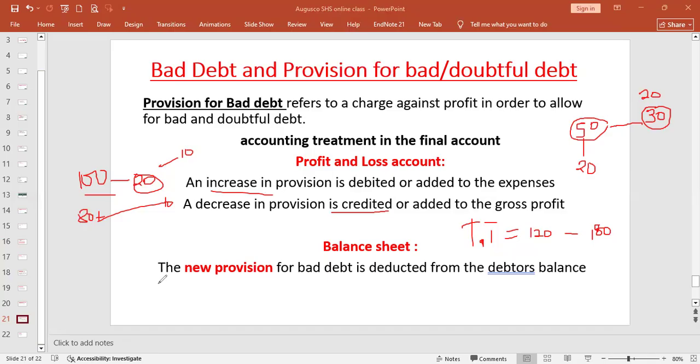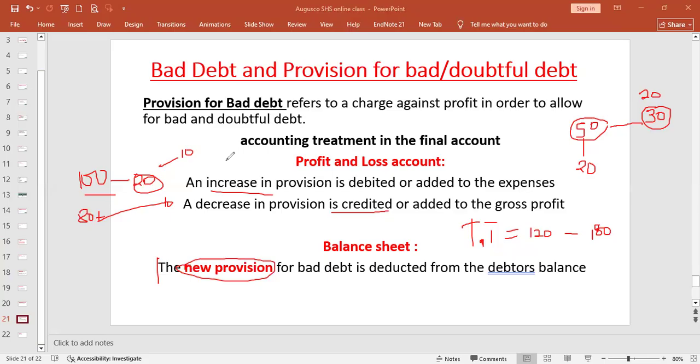In the balance sheet, I want students to always remember this: the new provision is deducted from the debtors balance. So you subtract it from the debtors balance. What are you subtracting? The new provision, the new provision, the new provision. Remember, we did an analysis to see whether there is an increase or a decrease.